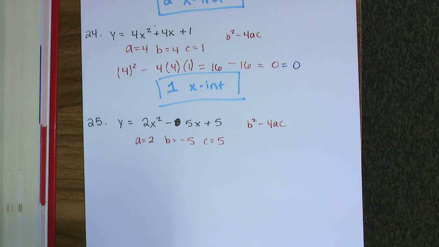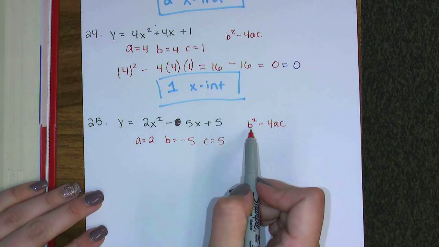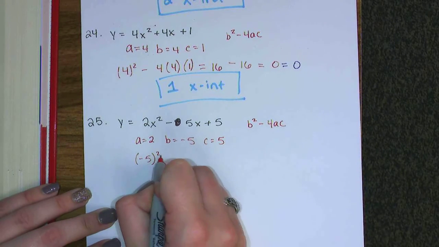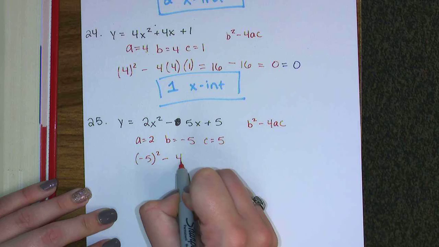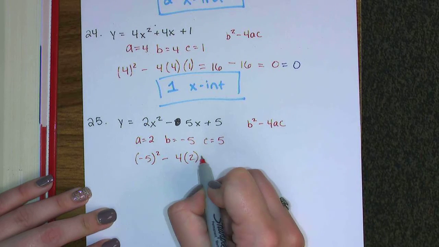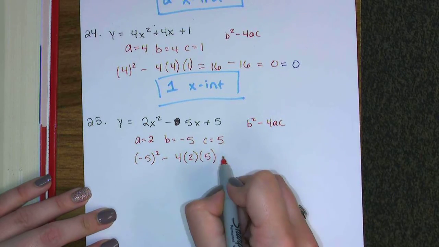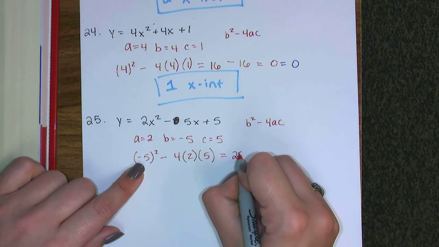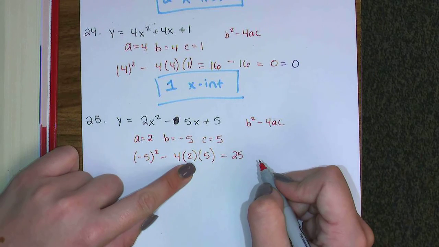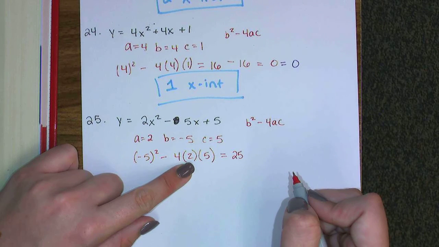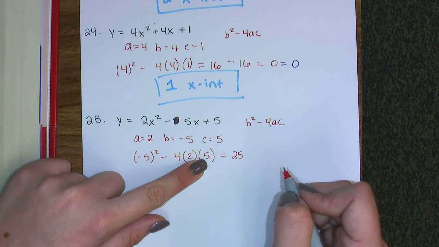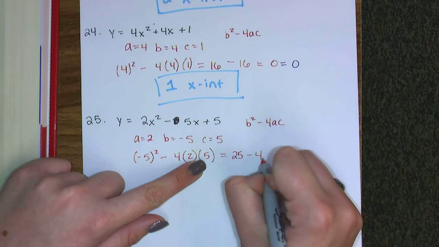Now plugging in, b squared, negative 5 squared, minus 4 times a is 2, times c is 5. Negative 5 squared is 25. Negative 4 times 2 is negative 8, times 5 is negative 40, so minus 40 equals negative 15.